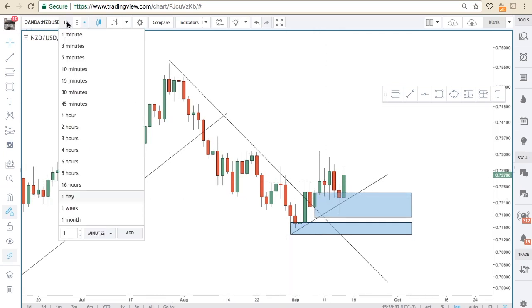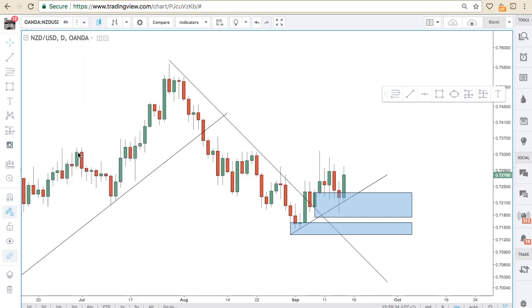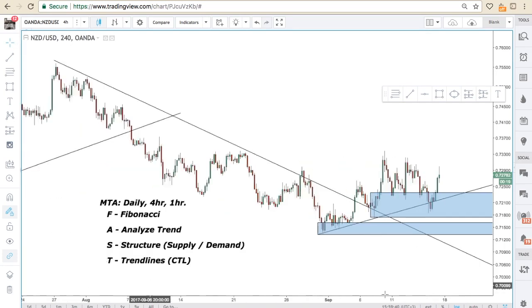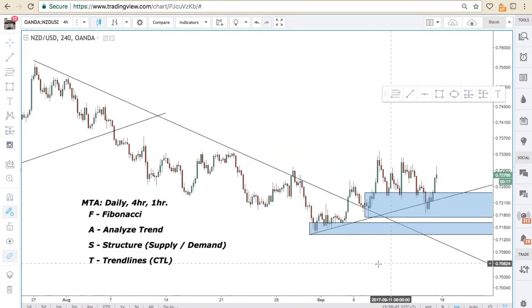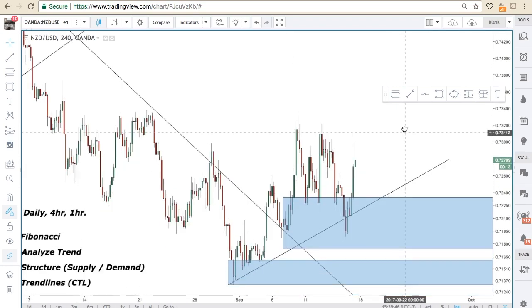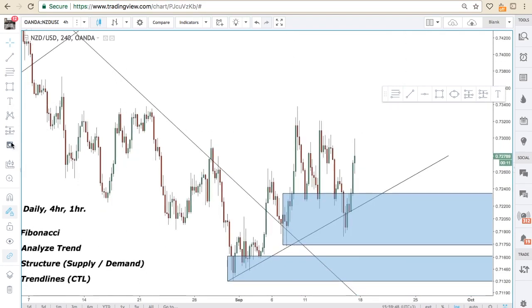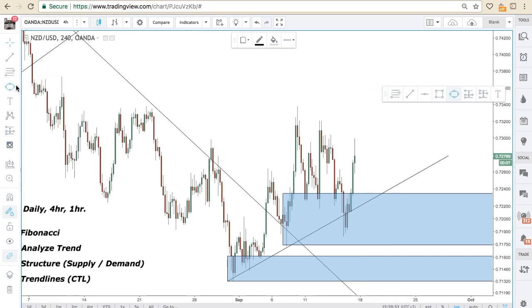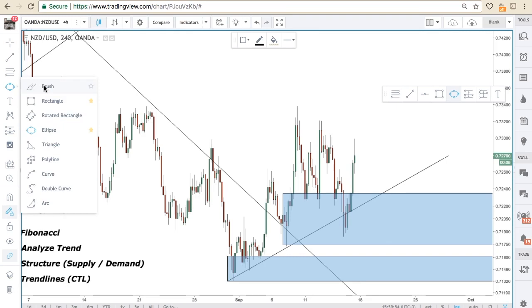Now, if we slide down to the 4 hour chart, we can get deeper into the analysis and see more detail, right? Alright, so 4 hour chart. Once again, let's use our brush.